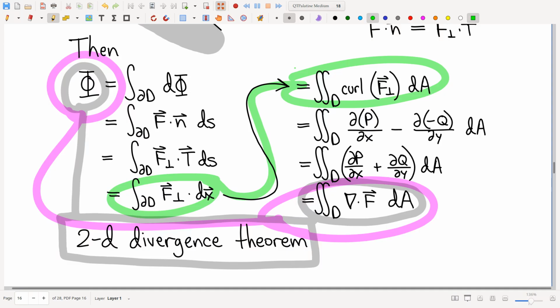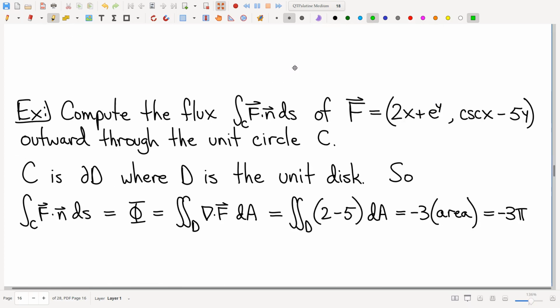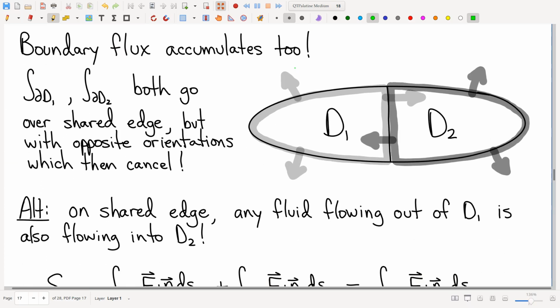But it turns out there's a completely different point of view you can take on this that's just as good, arguably better, depending on how you look at it. Certainly entirely independent of Green's theorem. And it is based on the fact that boundary flux is its own accumulating quantity.